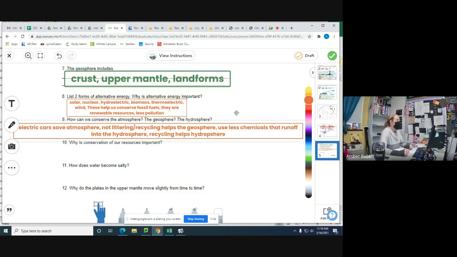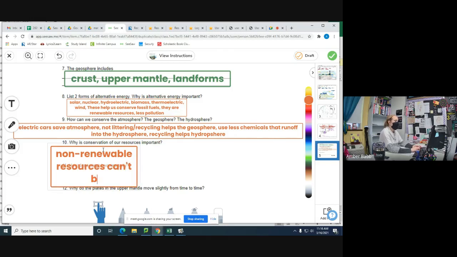All right. Why is conservation of our resources important? To save the world. I know this one. Jason: because we can't make it fast enough that we use it. We use it too fast. We'll run out of it before we gain more. Non-renewable resources. Yes.